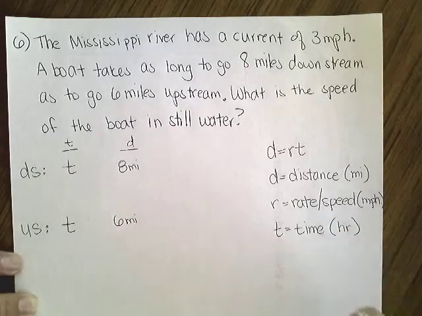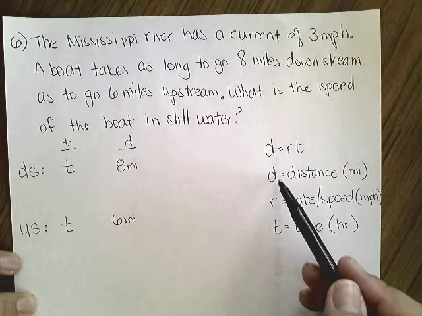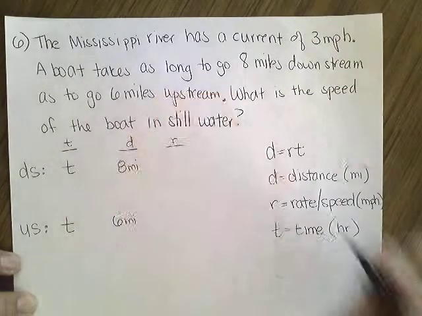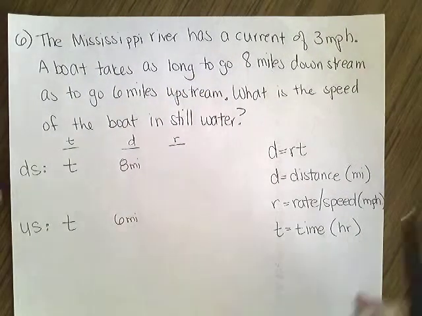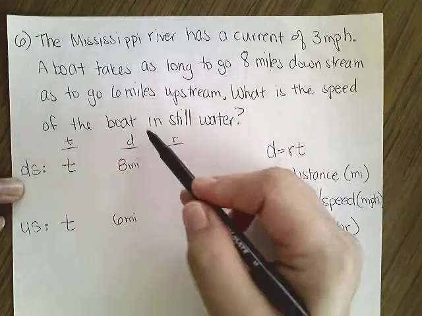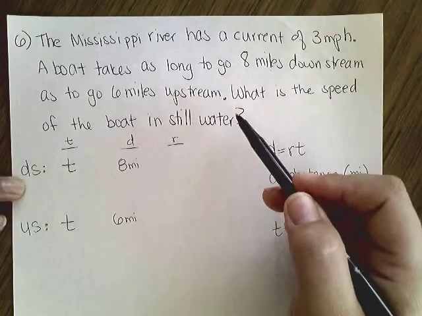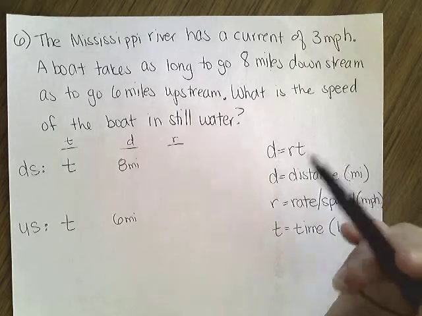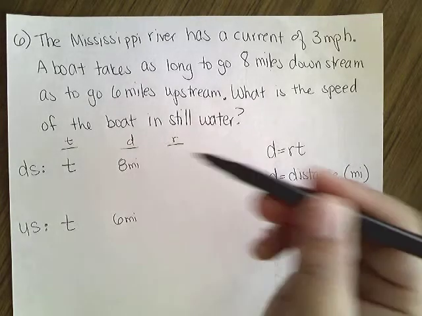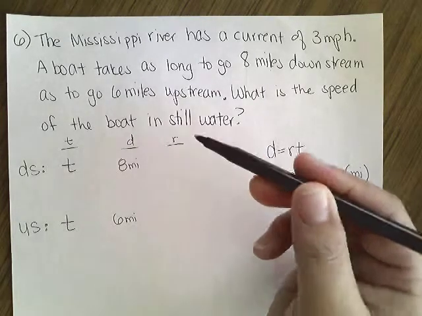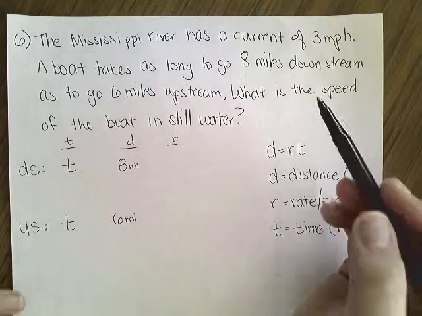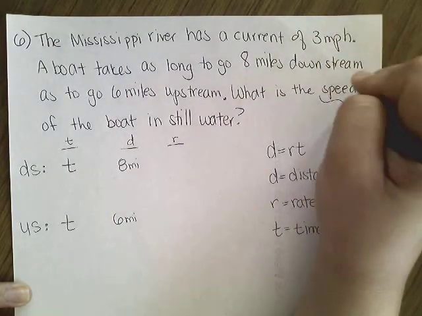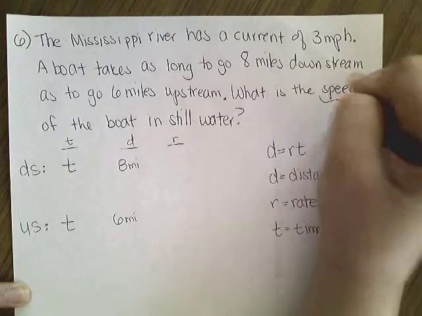And then the last thing we're looking for here, right, we have D and we have T. We're looking for our rate or our speed. We're wondering what is the speed of the boat in still water. We don't know what that speed is, but we do know when it's going downstream, it has the current helping it. So for speed, I'm going to use S, just because that's an easy variable to use for speed.